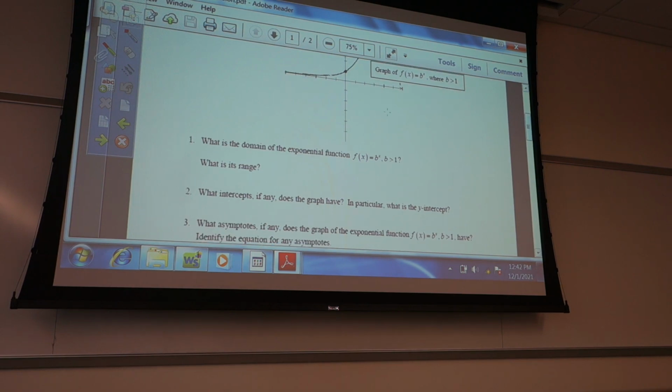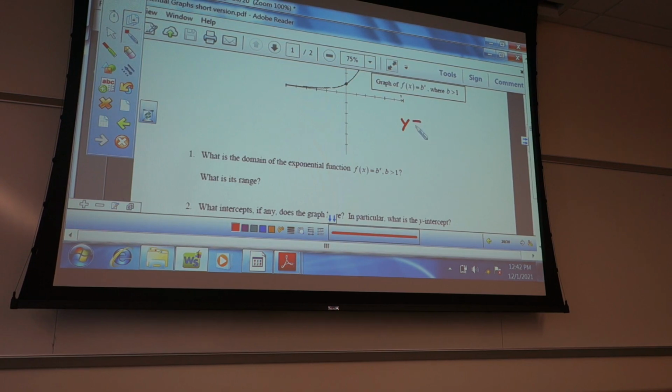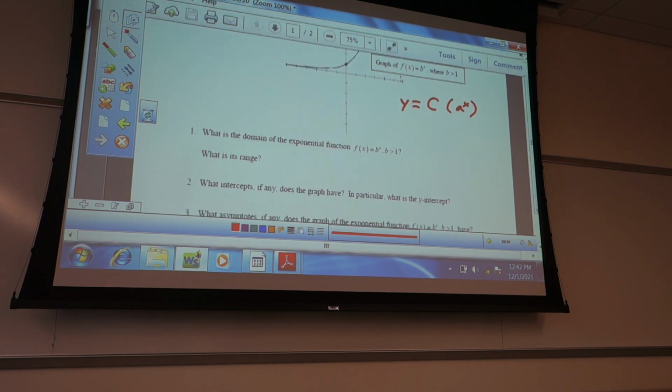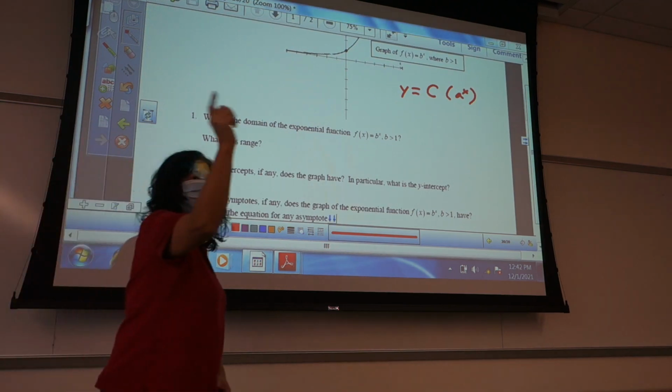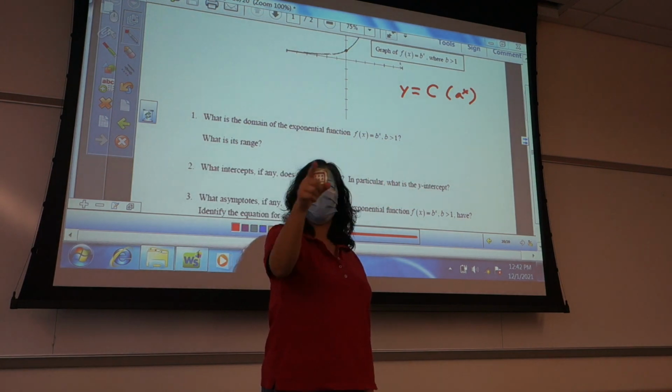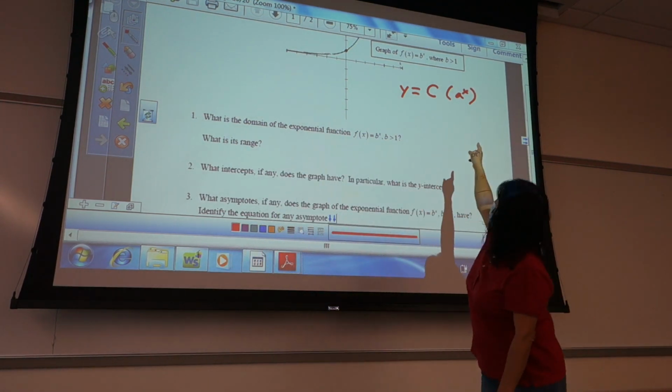So let me write the function for you again. Y equals c, and I'll maybe put parentheses around the a to the x, because I feel like that helps clarify things for people. So what are the two things you can never ever do? The first thing you can never do is divide by 0. Do I have x in the denominator here anywhere?